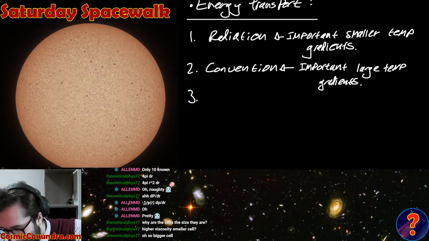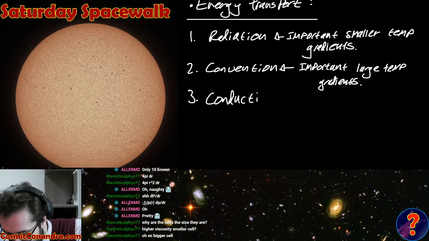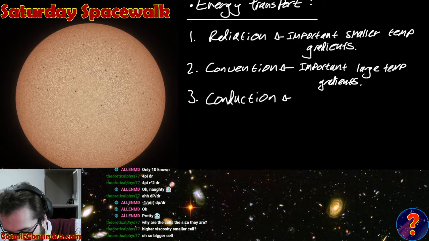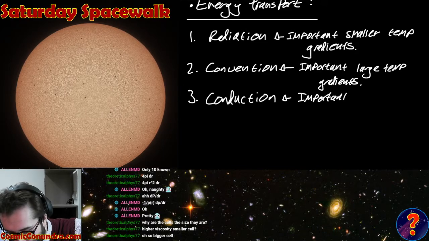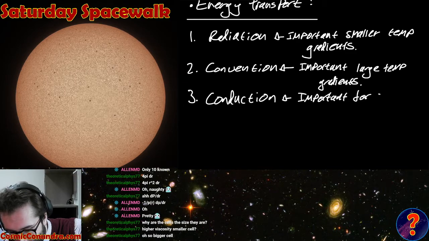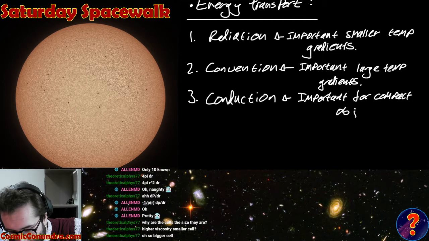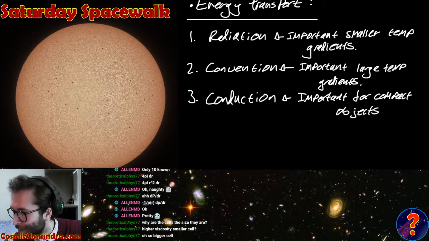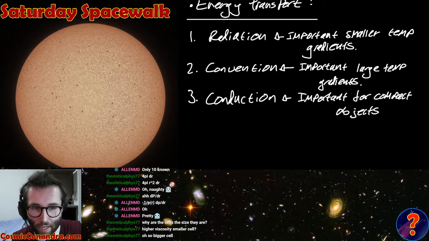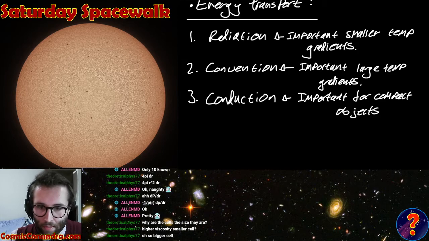And there's a third energy transport mechanism, which is conduction. This is only really important for compact objects like neutron stars and white dwarfs. Conduction has a practically zero effect for ordinary stars, main sequence, red giant, or otherwise.